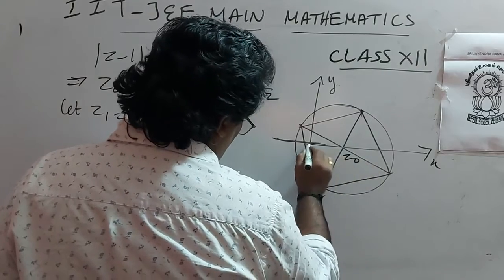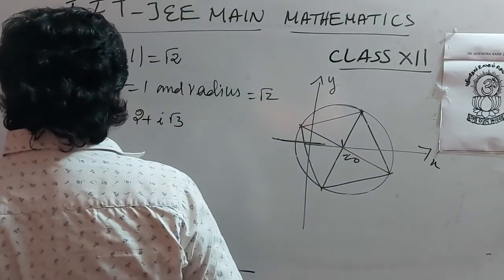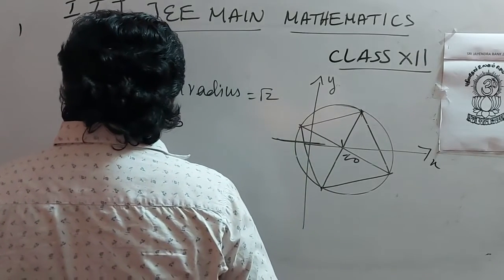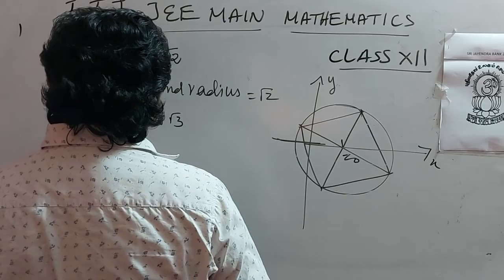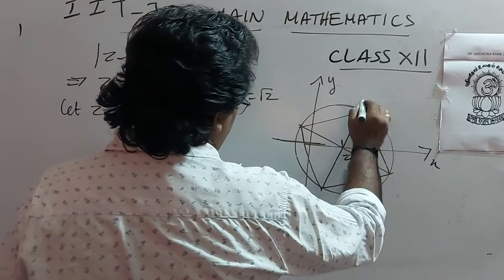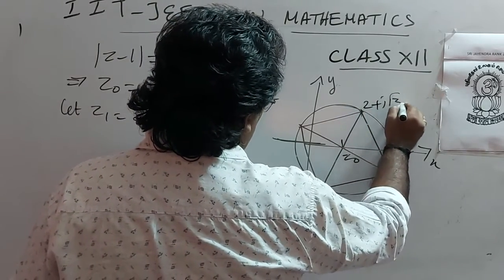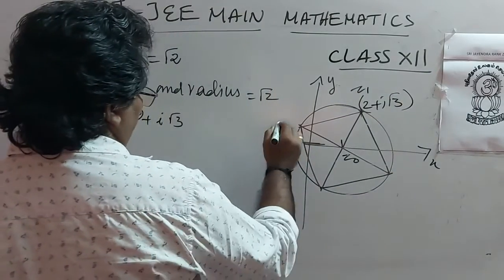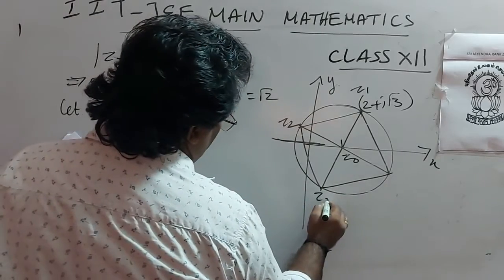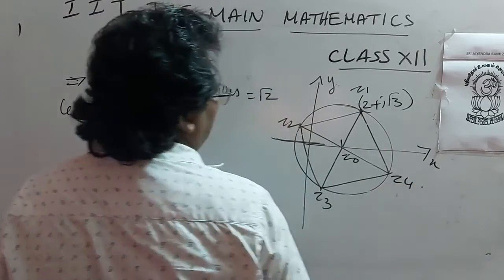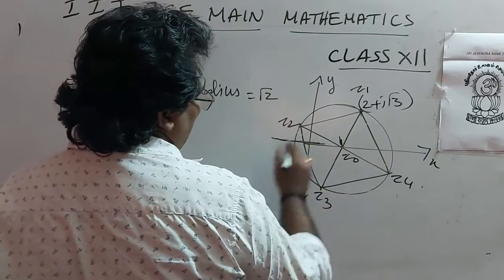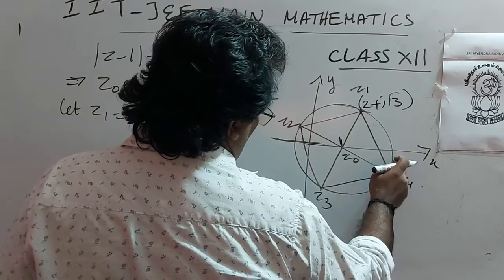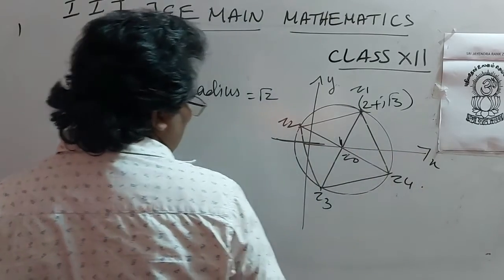Z naught, that is the origin, 1 unit. This point is 2 plus i root 3, that is Z1. Take Z2, Z3, this point Z4. So 1 unit, radius root 2, this point is 1 plus root 2.